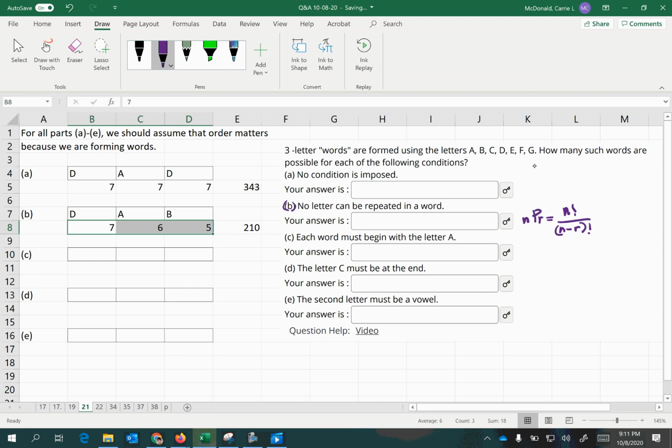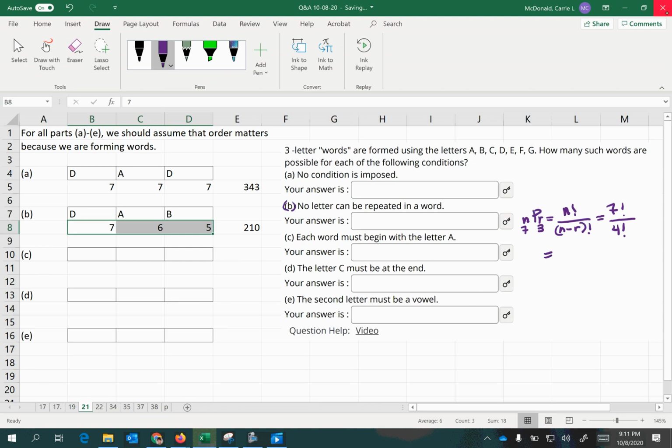Here n is the 7 letters we have to choose from, and r is the 3 spaces we're going to fill. So 7 factorial over 7 minus 3, which is 4 factorial.